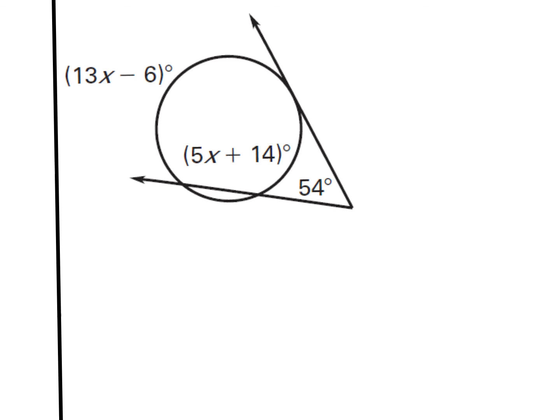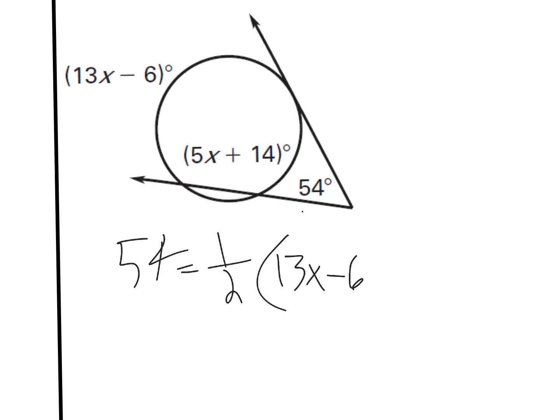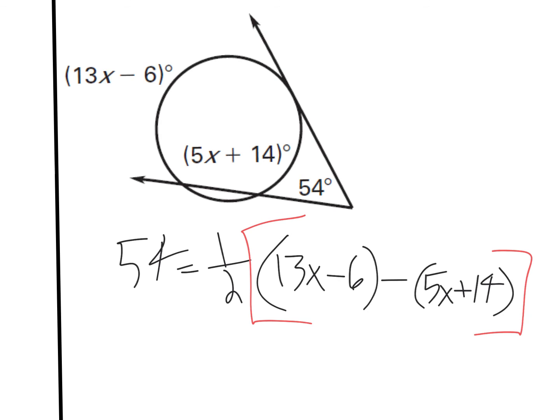So you're going to have 54 equal to 1/2 the difference of, and so we're going to do 13x minus 6, and then I'm going to put that in parentheses because I'm subtracting out another expression of 5x plus 14. So that'll be in parentheses. And so around this whole thing I'll just put a bracket right here.